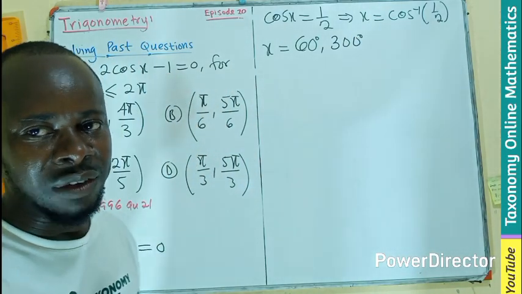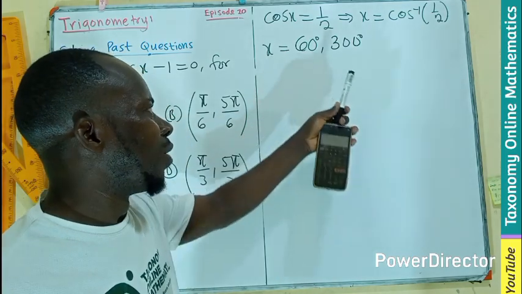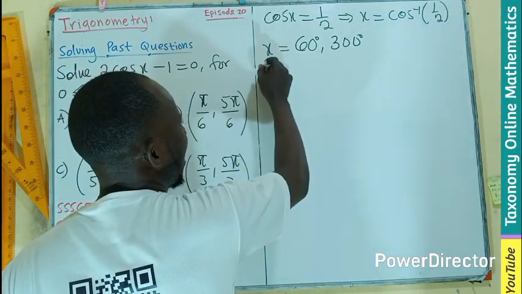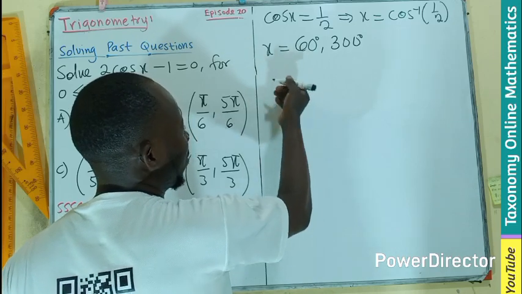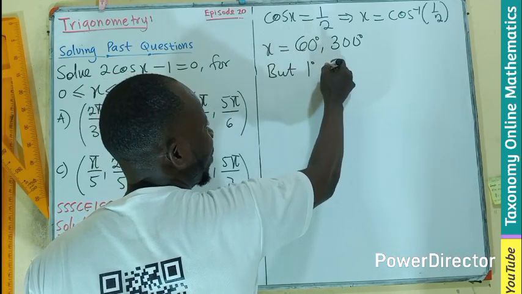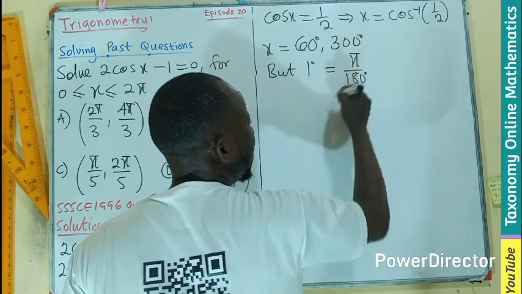We can still use the general solution we did in the previous episode, but these angles must be changed into radian. So let's start with the formula: 1 degree equals pi on 180.